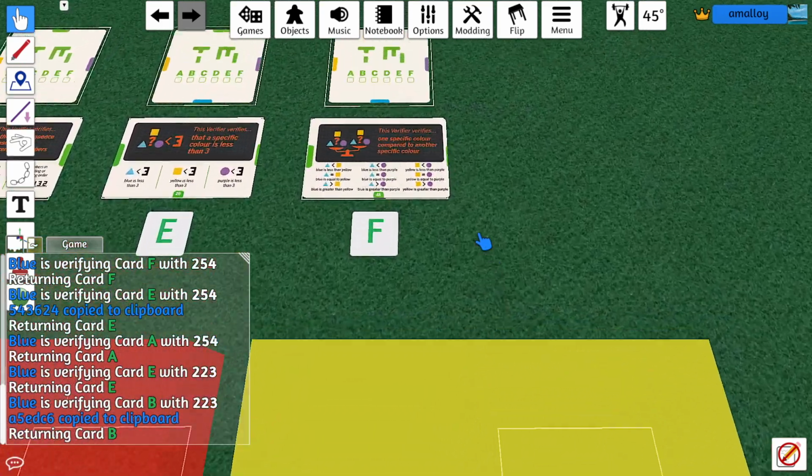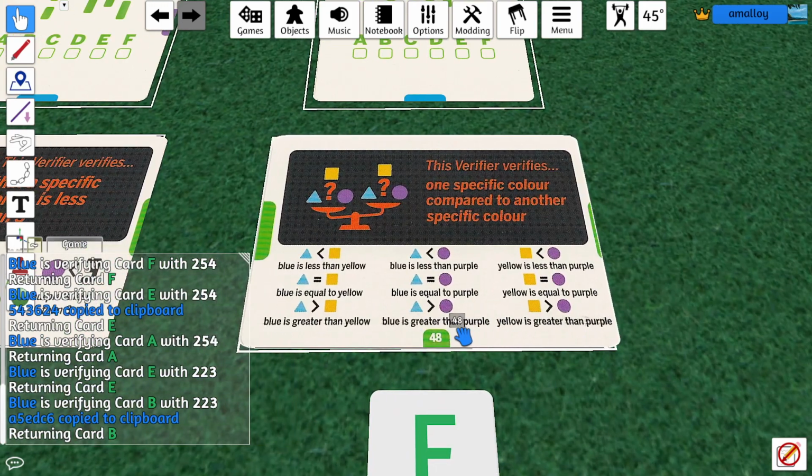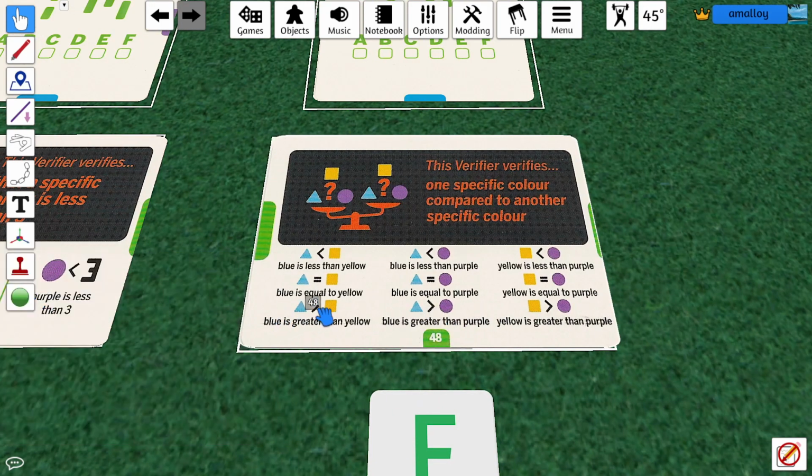Because over here, I guess I should double check the deduction I used to cross these two out. Because I thought if either of those was what it was checking for, compared with the fact that yellow is greater than purple, then I would know there's a pair. Because two of them are equal and one is different.